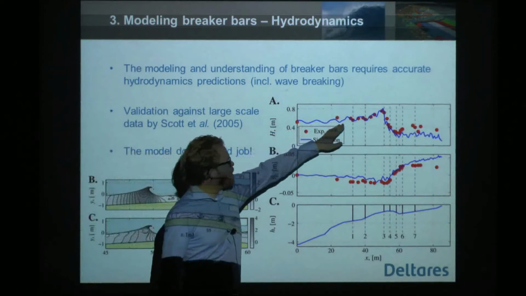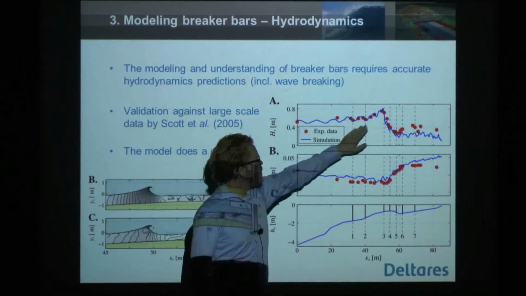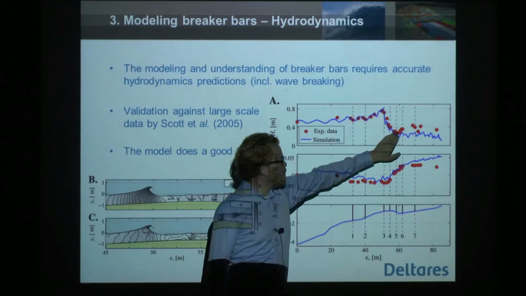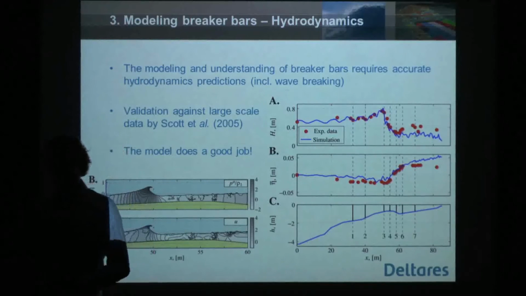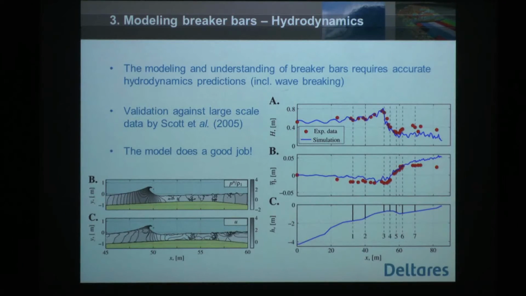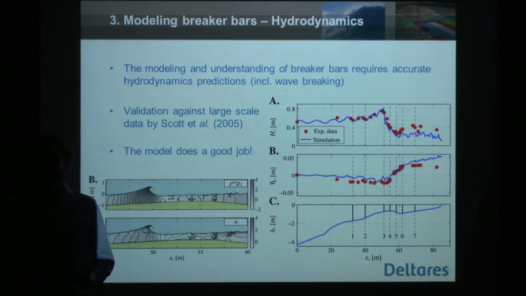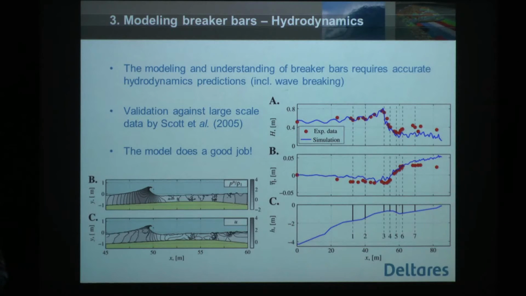And then they will come up, start shoaling at the top of the breaker bar, and then they will be breaking. And because of the trough, they're not really dissipating anymore on the lee side of the breaker bar. And because we have wave breaking, we will also have a wave-induced setup. And both the breaking pattern and the wave-induced setup is largely quite well captured. Unfortunately, they didn't report the undertow profile, so we were not able to validate those quantities. But quite happy with the result.